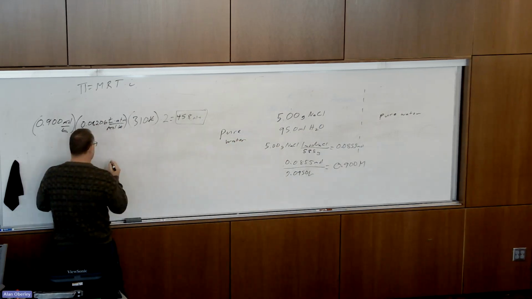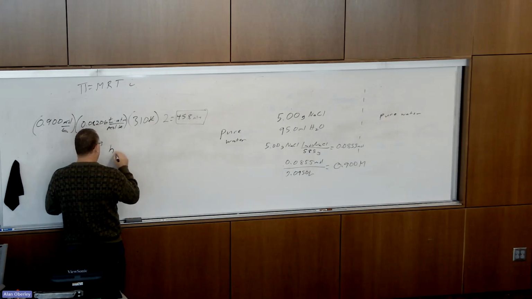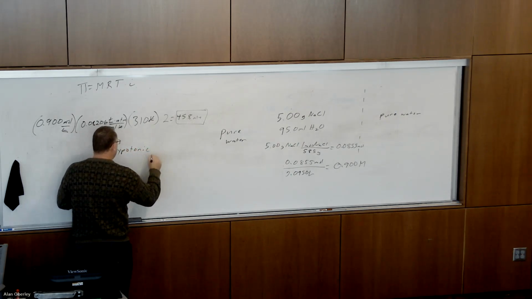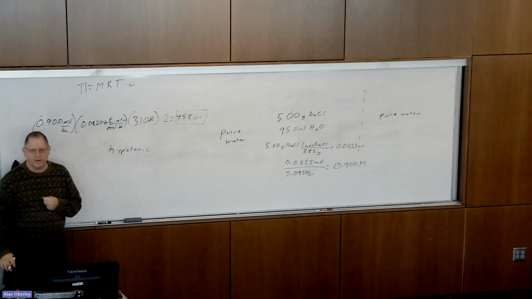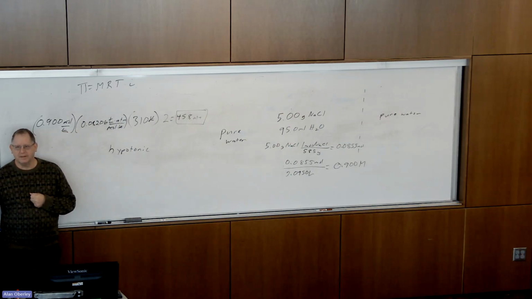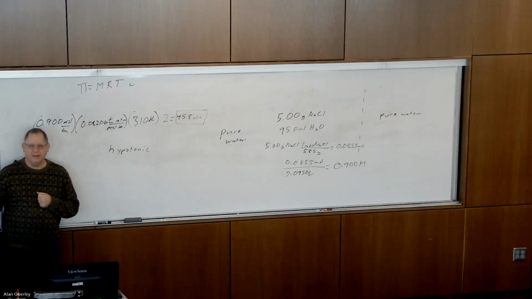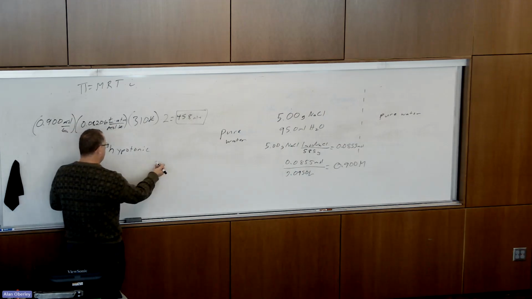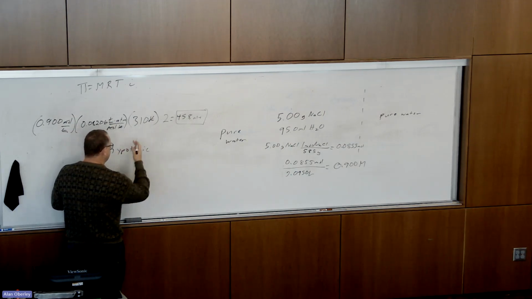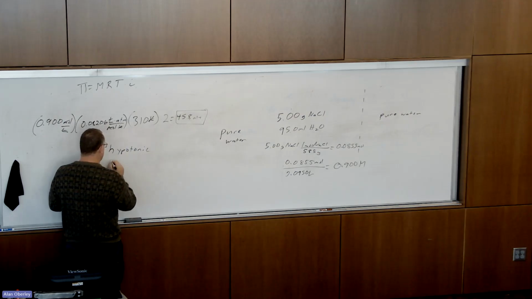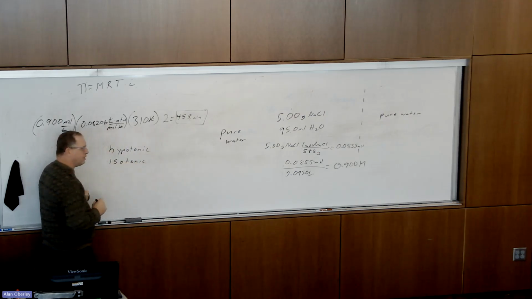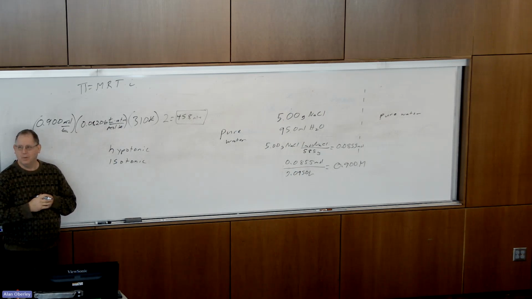pressure as the cell. So we have hypotonic. If I put a cell in pure water, it would be hypotonic. If I put a cell in a solution that's the same as what is inside, that's isotonic. And what's the other possibility? Hypertonic.